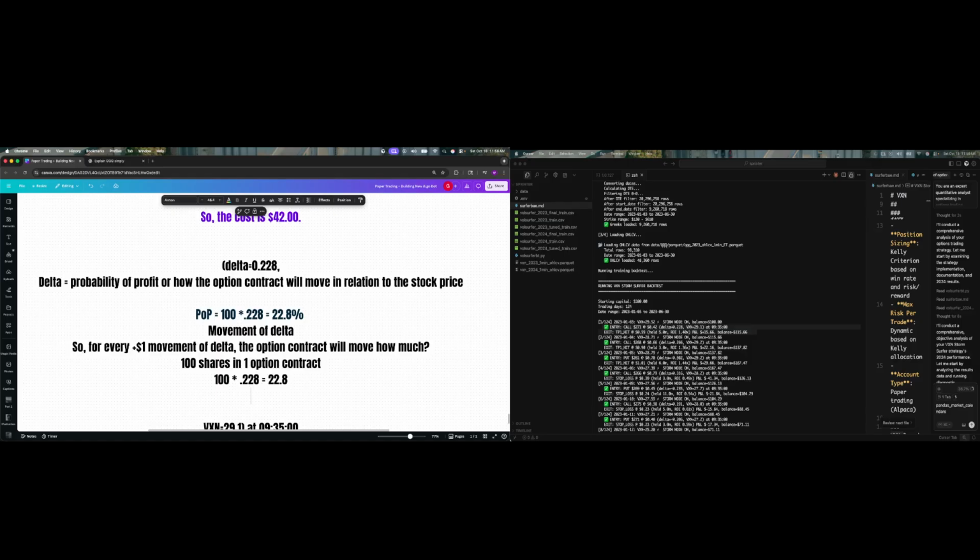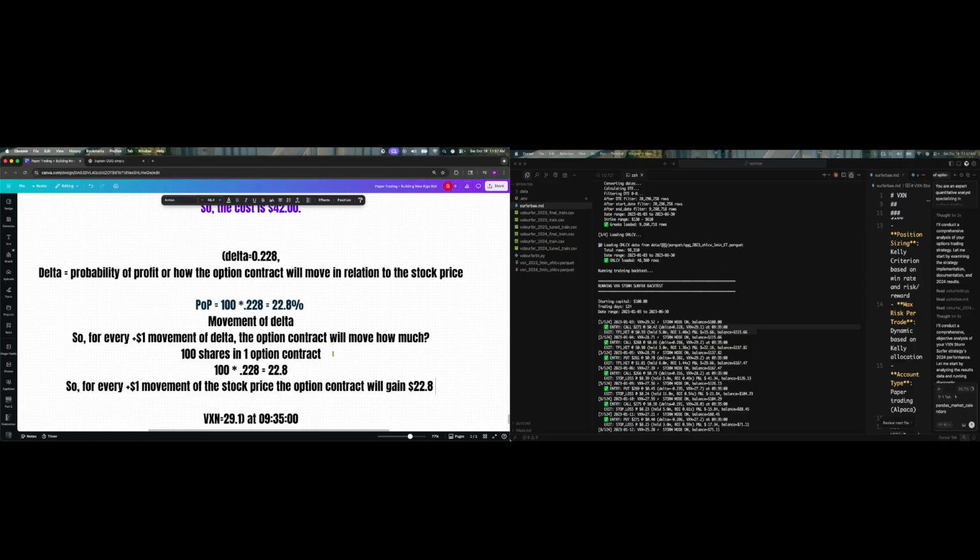So for every positive $1 movement of the stock price, the option contract will gain $22.80.